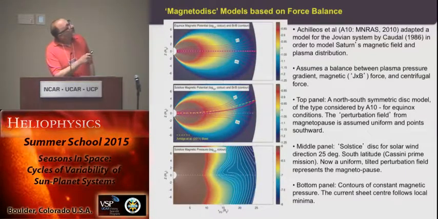On the top panel here, the color scale shows you the shape of magnetic field lines for the model. So you're looking at a single magnetic meridian of this axisymmetric model. And the purple curves here are contours of constant field ratio, B radial over B total. And in this case, this is an equinox configuration.